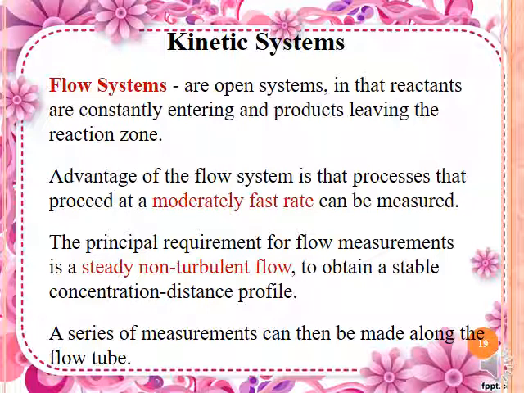The flow has to be steady, not turbulent, otherwise it will disturb the kinetic rate. This is to ensure we have a stable concentration distance profile, and then a series of measurements can be made along the flow tube. So that is the flow system.